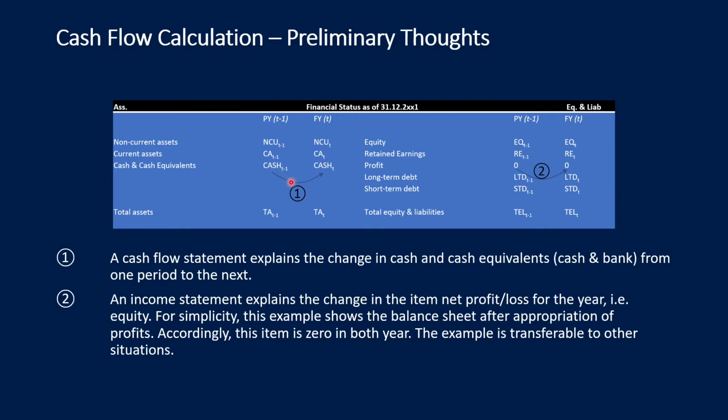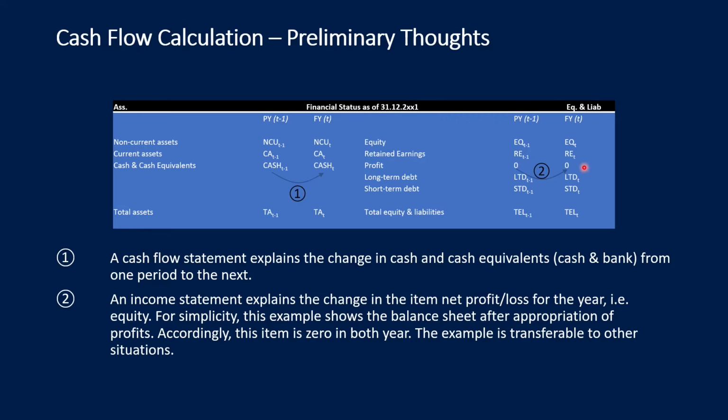I just made one certain assumption here in the equity. Usually, the income statement is a sub-account of the equity. This is what we all learn in very basic accounting classes. I made the assumption here that the profit is already appropriated.